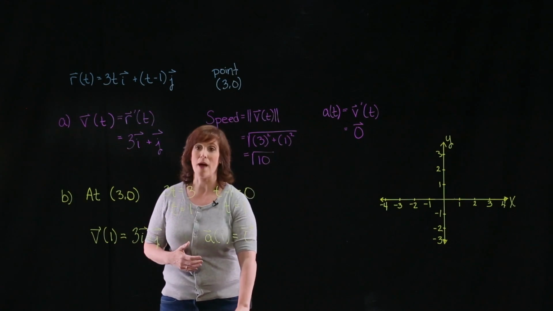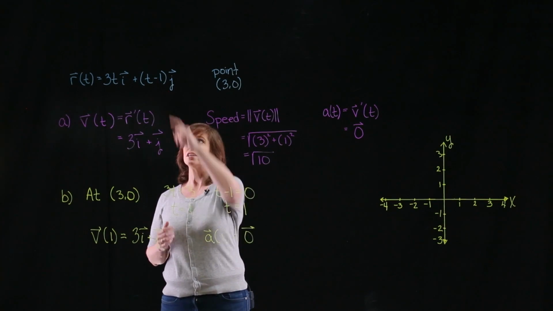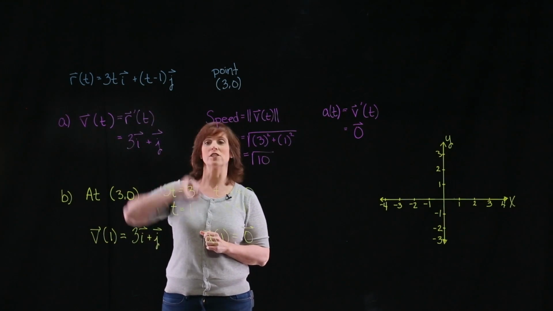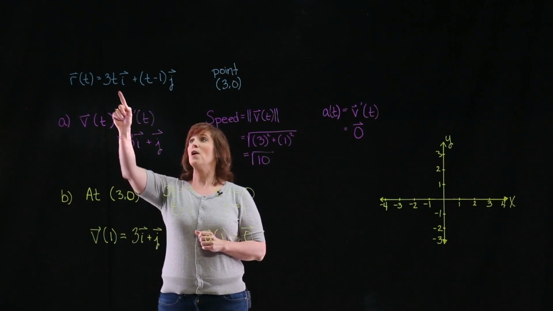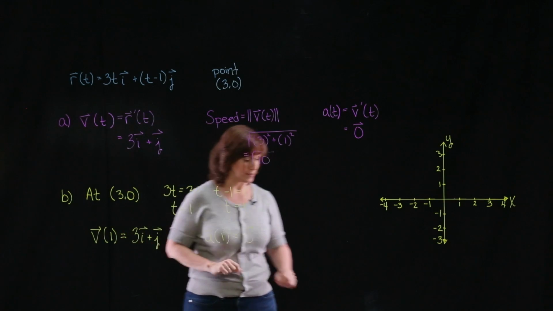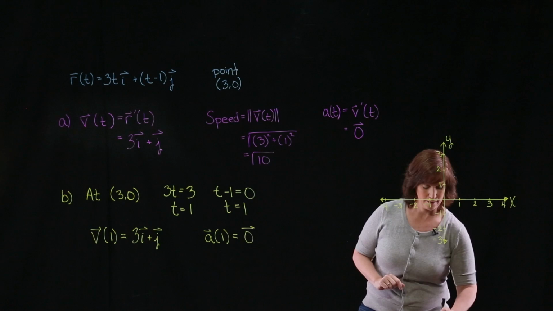We want to look at this from a graphical perspective. So the next question that's asked of us is to actually graph that position function. Well, if you take a look at this position function, I notice that my graph is going to be a line. And I know that it's going to go through the point 0, negative 1, because those are my constants. So let's go ahead and plot 0, negative 1 on my graph.